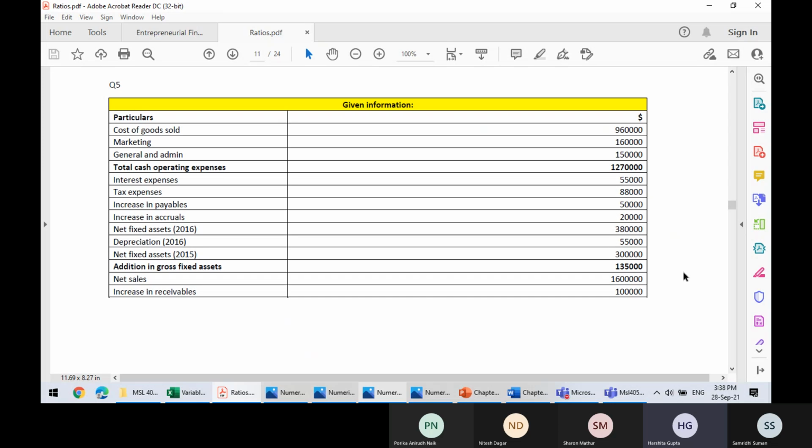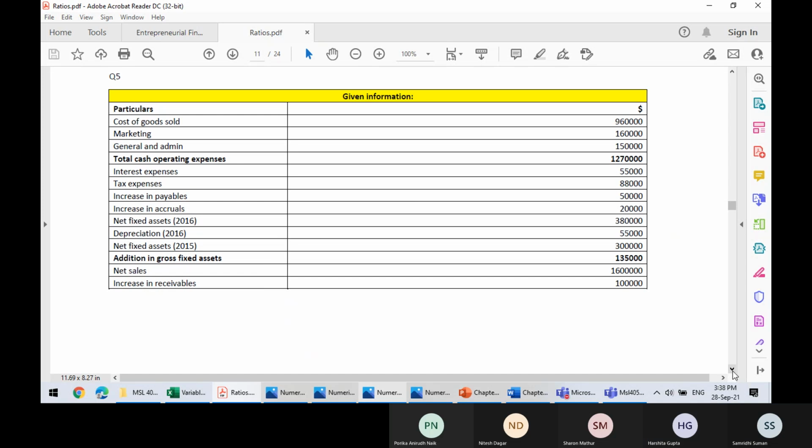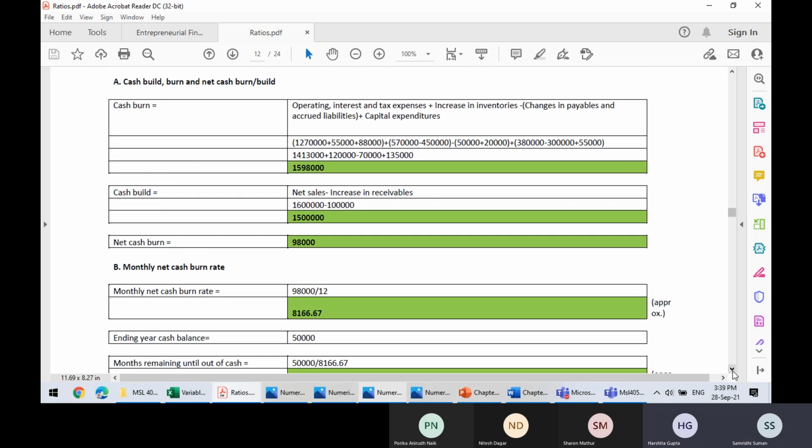In this, we will add the increase in payables, which was calculated at 50,000, minus, I think, the increase in accruals, right? We will add the increase in inventories. It's not mentioned in the given information. And the increase in payables and accrued liabilities will be deducted.